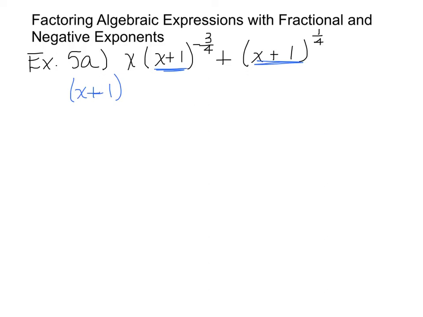This one has a negative 3/4, and this one has a positive 1/4. That means that the most that we can take out is a negative 3/4 because it is the smallest one.